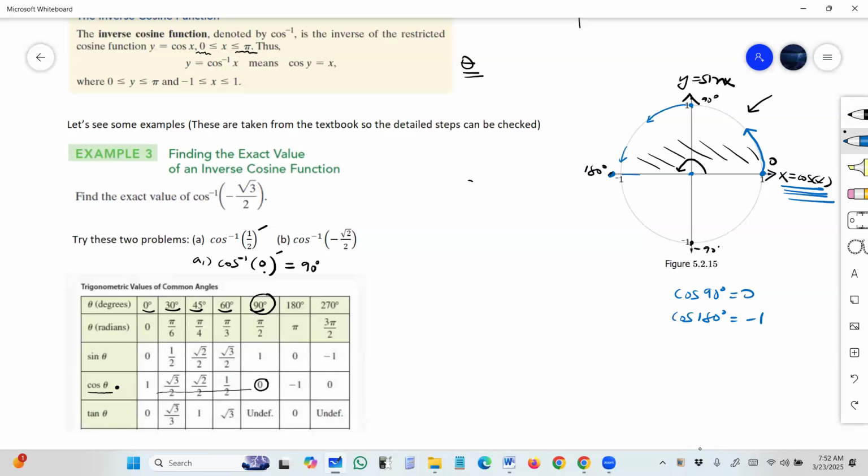So here is cosine, 180 degrees, -1. So the inverse cosine of 0 requires a 90-degree angle. And if I were to ask cosine inverse of -1, obviously it's 180 degrees.